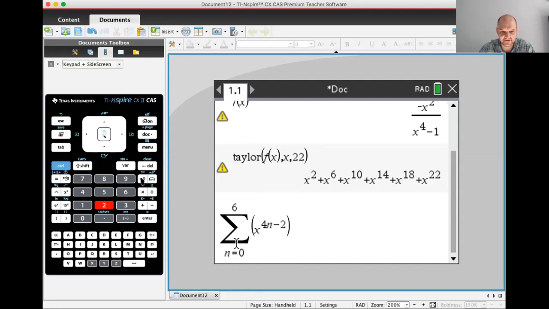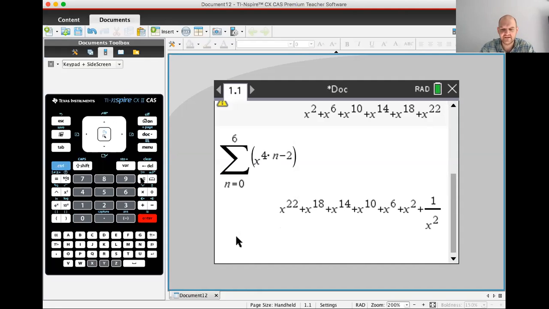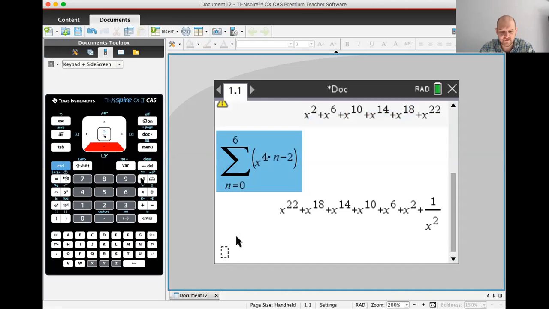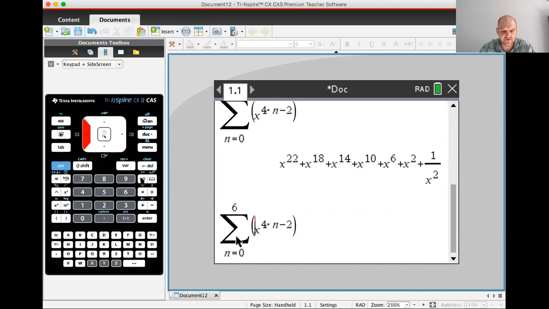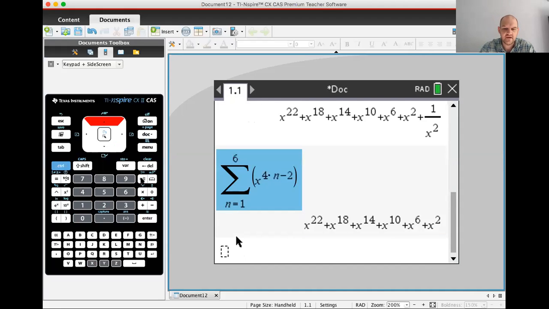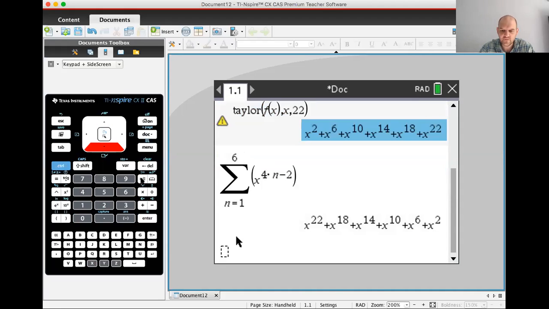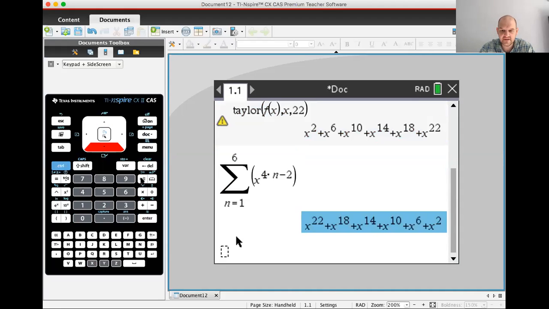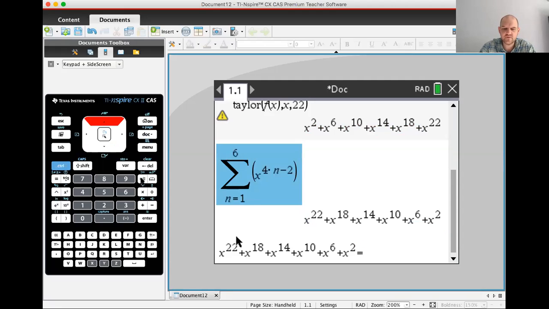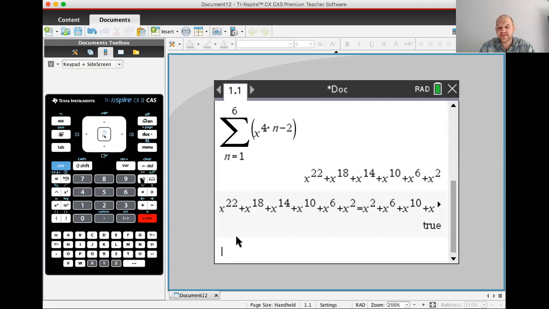I'm trying to get it to spit out the exact same thing. No. Oh, because we knocked off the first term, so we're not starting at 0, we're starting at 1, because we knocked off the first term, which was 1 over x squared. So we get this, and you can see that it does match, right?